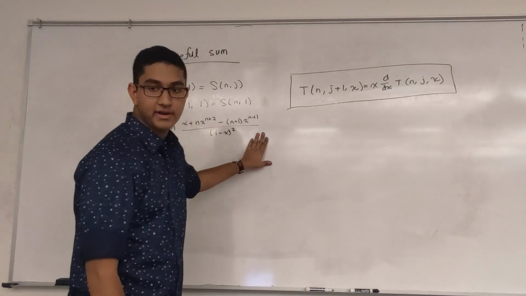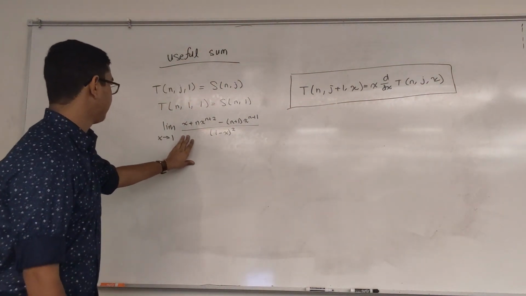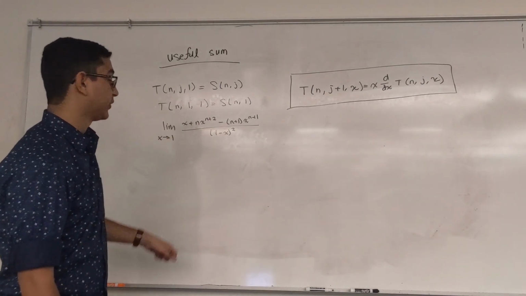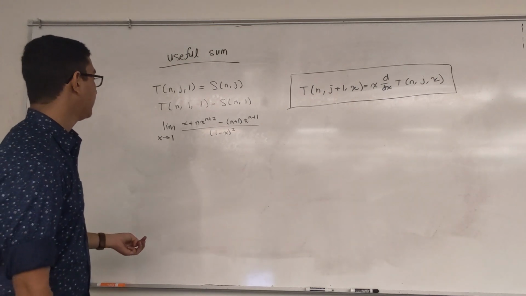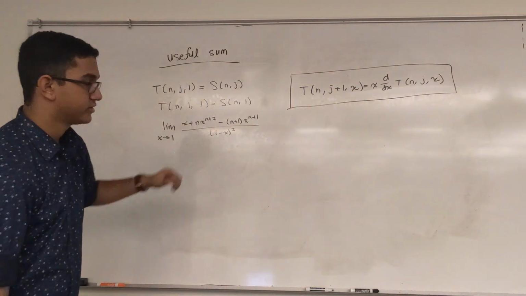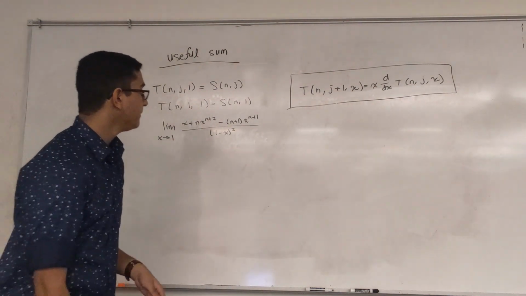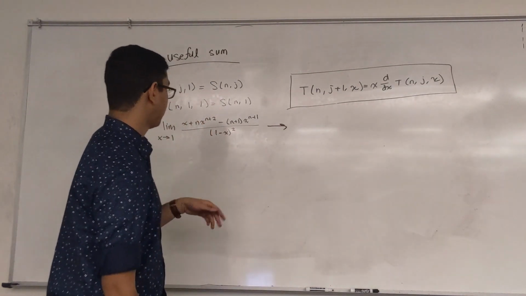So I'm going to apply L'Hopital's rule because this is going to be problematic: we're dividing by 0, and the numerator is also equivalent to 0, and we can show that. It's pretty easy to show, so I'm not going to show it, but you can show it yourself. It's equal to 0 over 0, and obviously I don't want 0 over 0, so we apply L'Hopital's rule. I'm not going to use any special notation to show that I'm applying it.